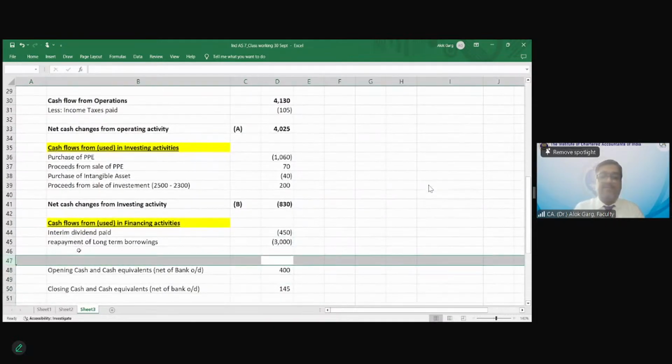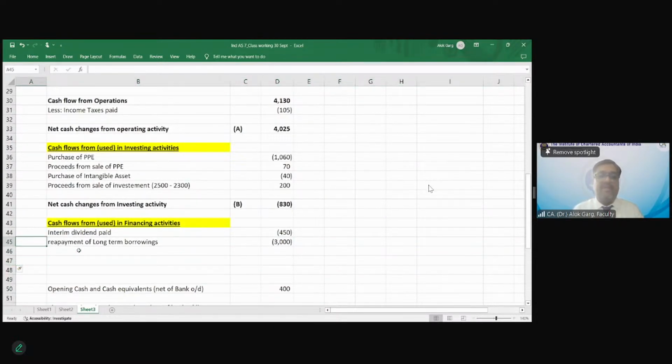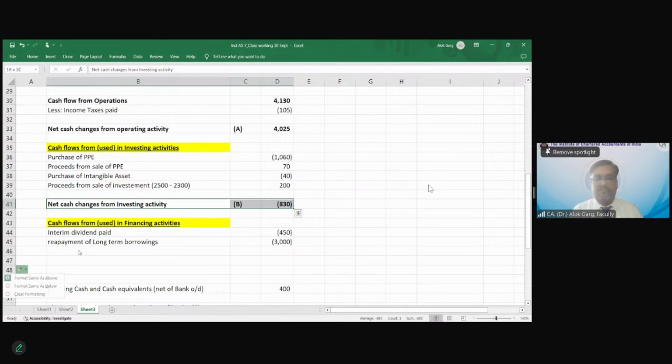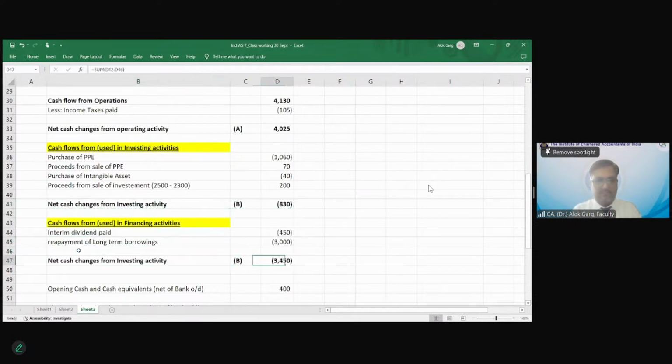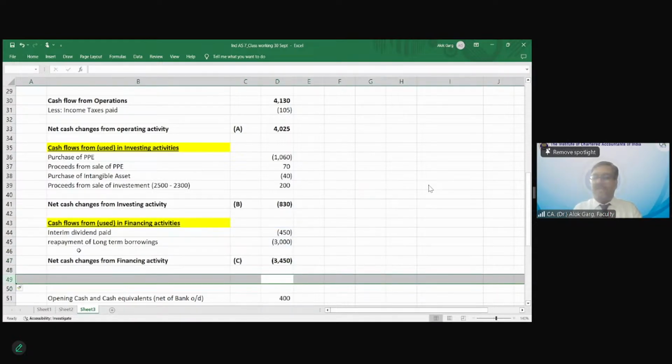What is my net cash flow from financing activity? Negative 3450. Net cash change from financing activity, negative 3450, right? So friends, if I add all these changes in cash flow from operating, investing and financing activity, what will it give me?